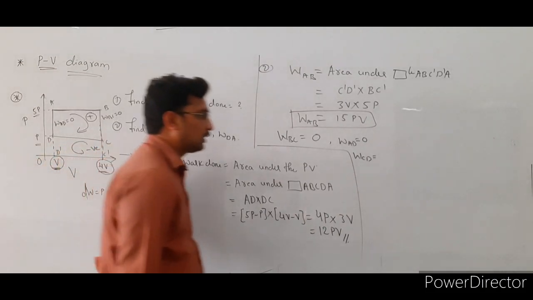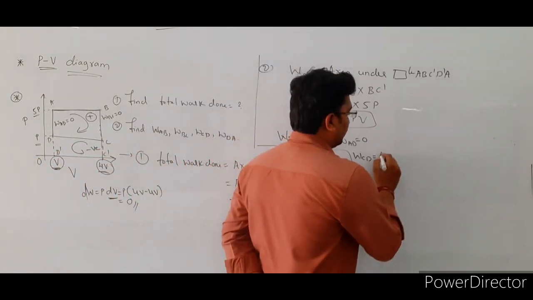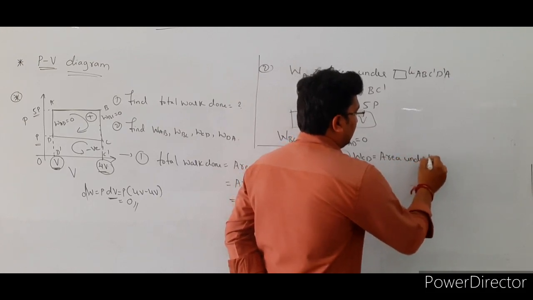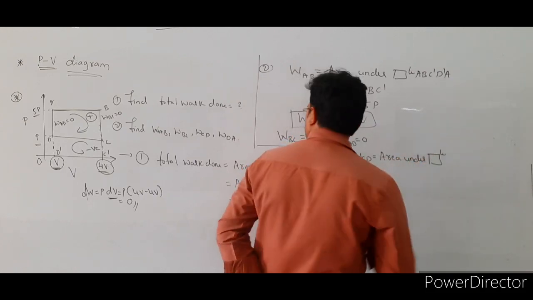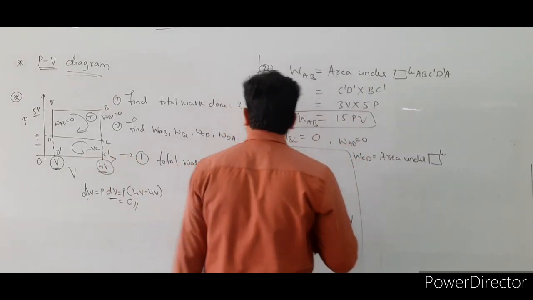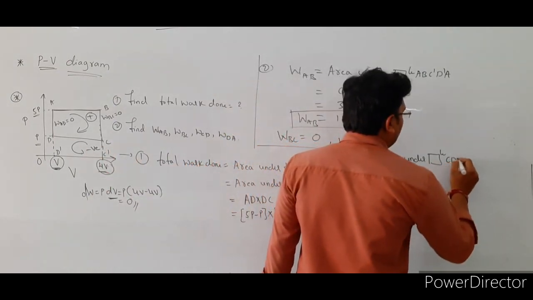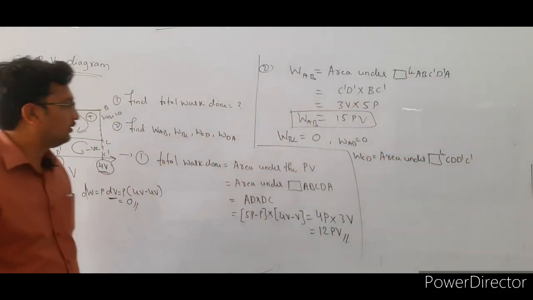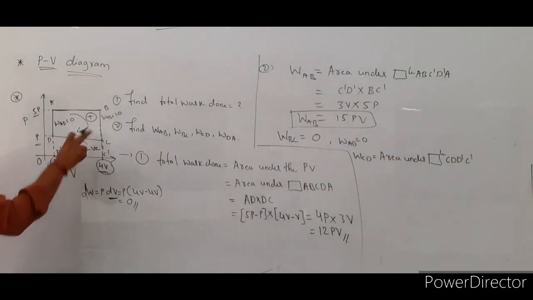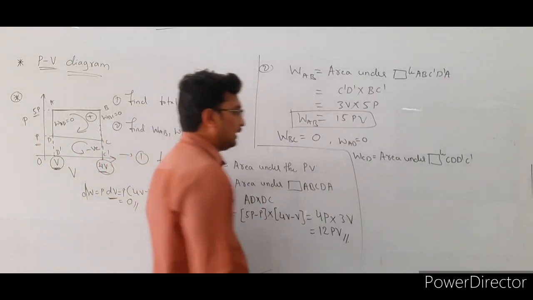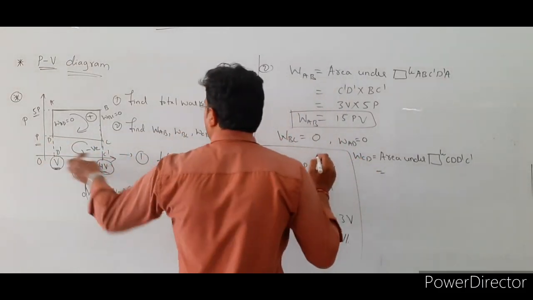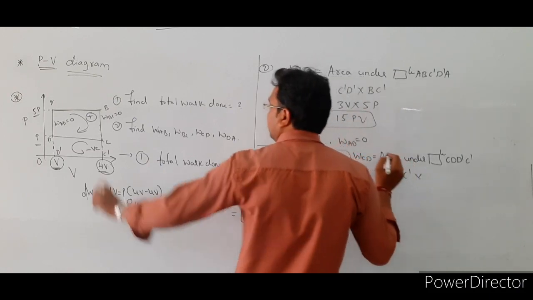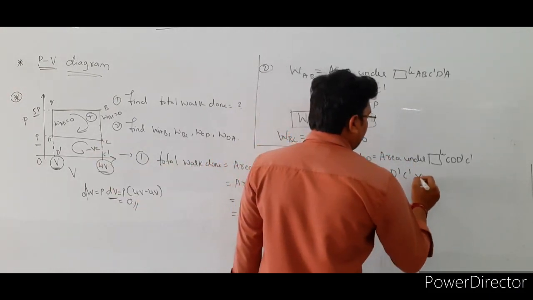Then the work done along CD is equal to the area under the rectangle C, D, D dash, C dash. The formula is length into breadth here. What is the length value? The length is D dash, C dash, into the height value, that is C, C dash.